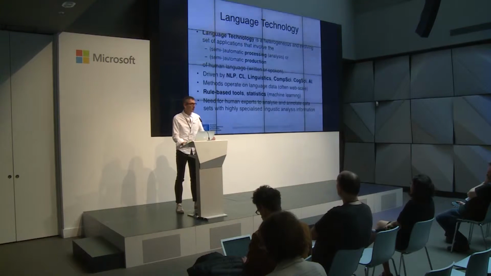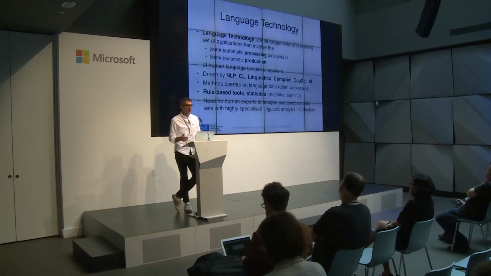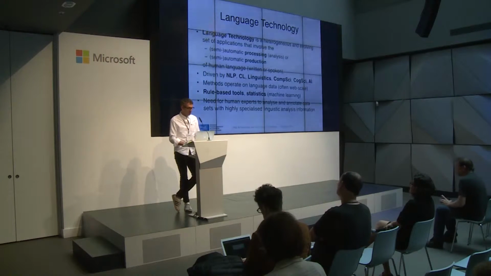And we often have the need for human experts, linguistics experts, to analyze and annotate data. We've been annotating data even before the web. So in the 60s, 70s, people have been annotating using very special tools, smaller or larger amounts of language data.